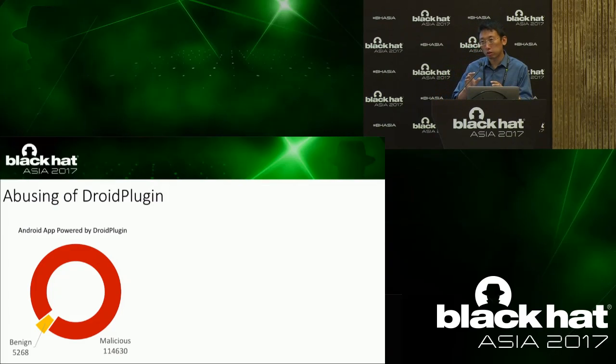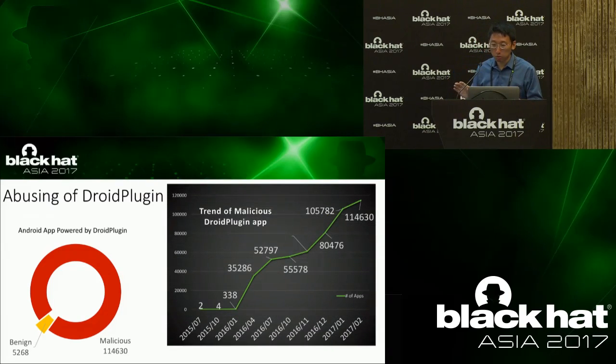We also looked into why we marked them as malicious, because our dynamic analyzer module detects malicious behavior from those samples. And we also measured the trend of new malware samples powered by join plugin from July of 2015 to last month.